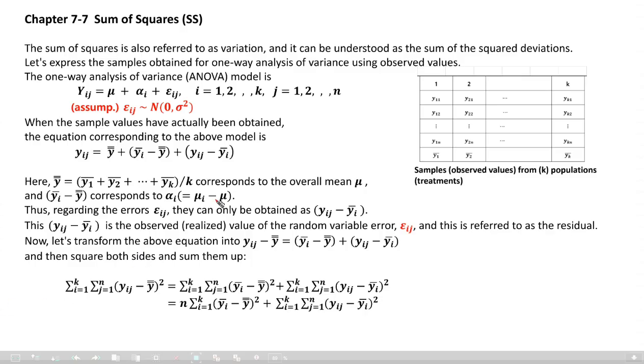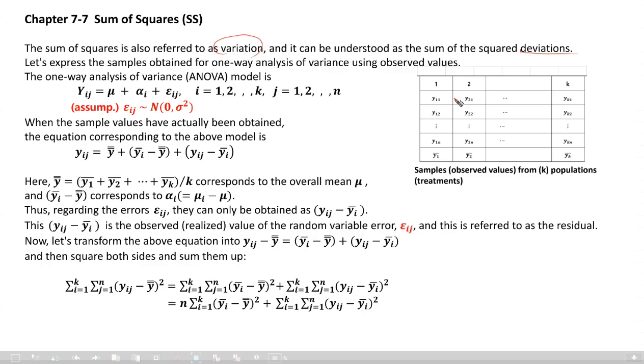The sum of squares is also referred to as variation, and it can be understood as the sum of squared deviations. You know deviations, right? Let us express samples obtained for one-way ANOVA using obtained values like this.